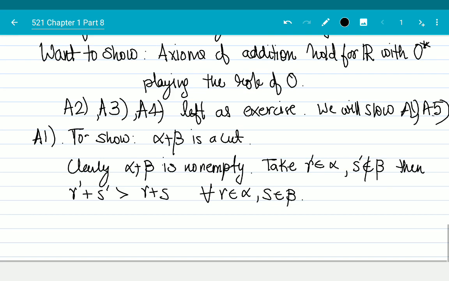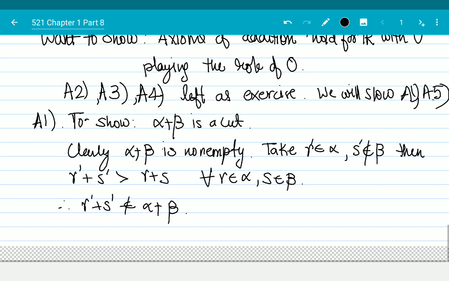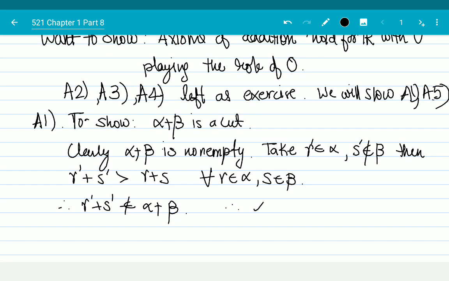Therefore, R prime plus S prime does not belong to alpha plus beta. Which means alpha plus beta is a proper subset of Q, right? And therefore satisfies property 1. Great.